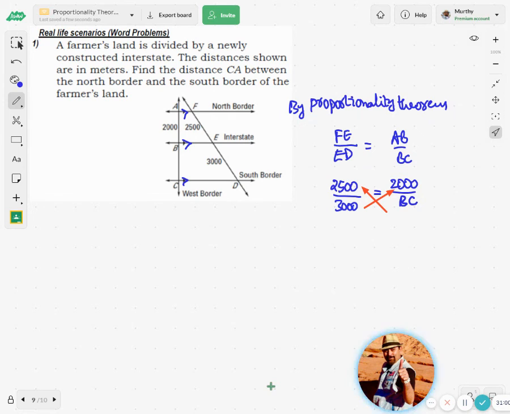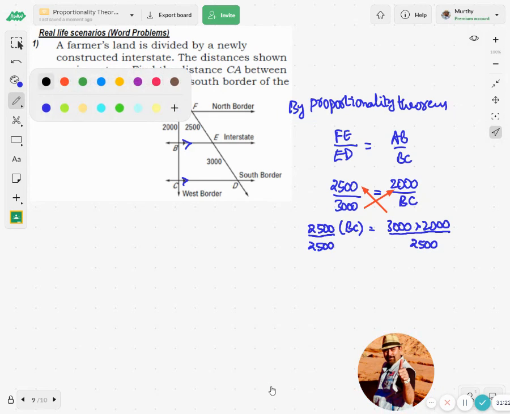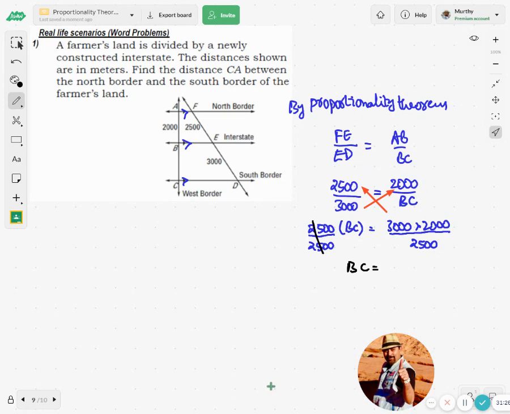Okay, now let's compute. 2500 times BC equals 3000 multiplied by 2000. You know, I personally prefer not to use calculator, so I'm dividing by 2500 on both these sides. These two get cancelled. The value of BC equals, two zeros in the numerator, two zeros in the denominator.